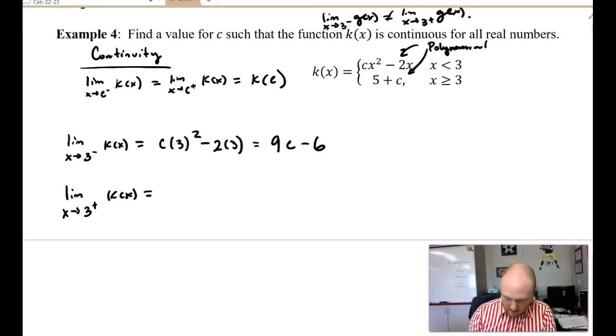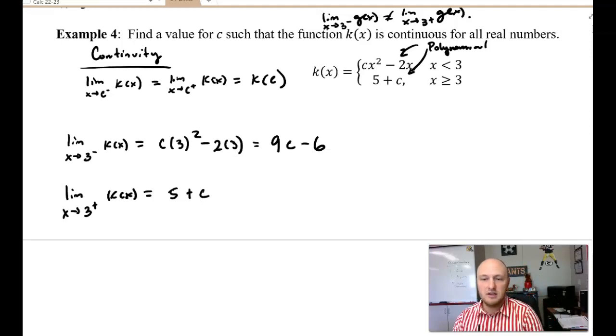I'm just going to plug in 3 into my bottom piece. 5 plus c, it's not an x value. I want those two values to be equal. They have to be equal. And then additionally, k of 3 has to be equal to that value also and defined, which k of 3 is defined. That's going to be 5 plus c, whatever that is.